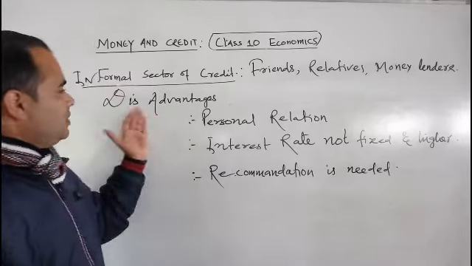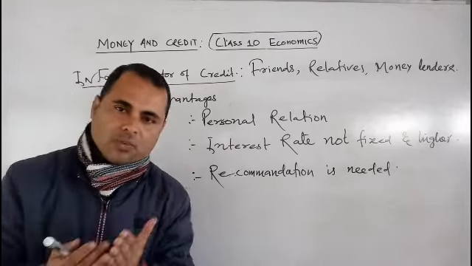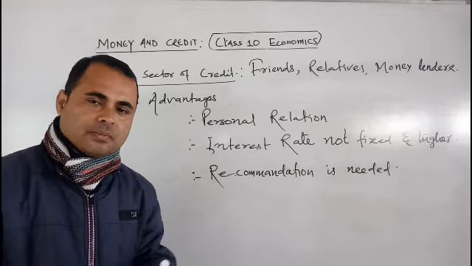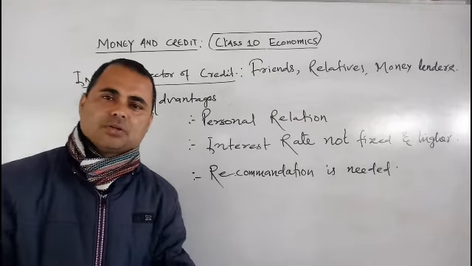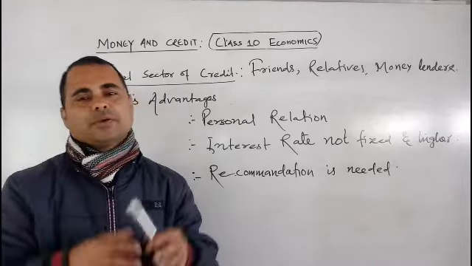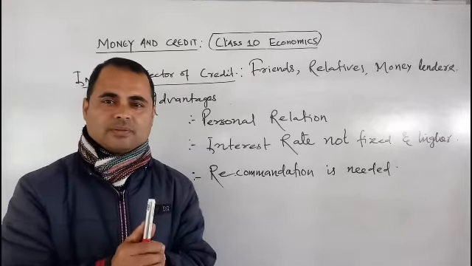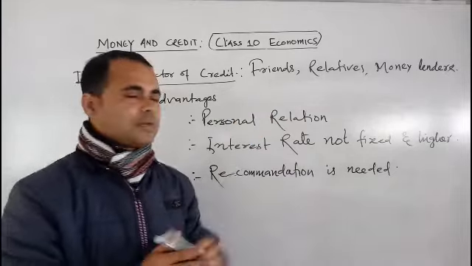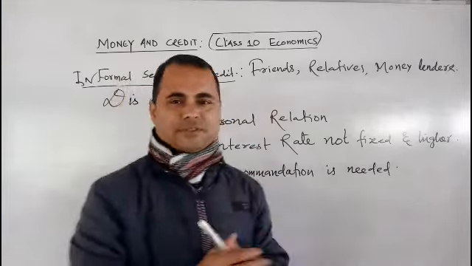Because in informal sources of credit, if you are unknown to those from whom you are expecting to borrow a loan, they may not give you a loan. Suppose with a friend you can ask, with relatives you can ask, but what about the money lenders?